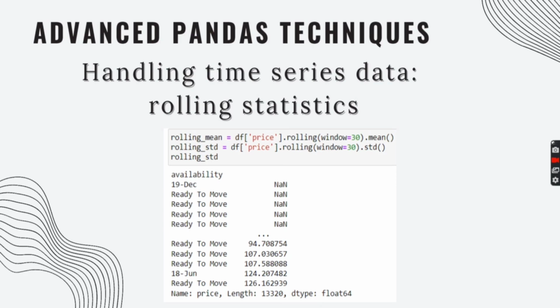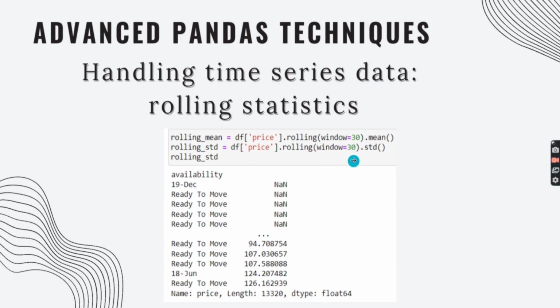Pandas offers advanced techniques for specific scenarios, like for time series, where we can use resampling and rolling statistics. So calculating the rolling statistics like rolling mean and rolling standard deviation, as you can see here, can help to identify the trends as well as the fluctuations.